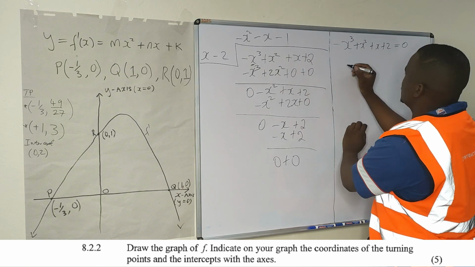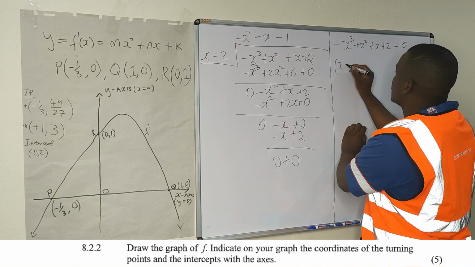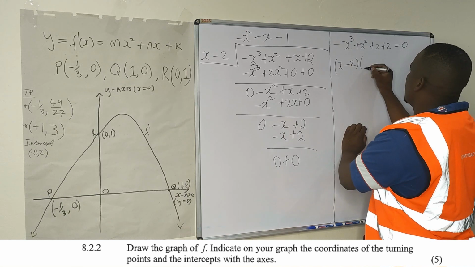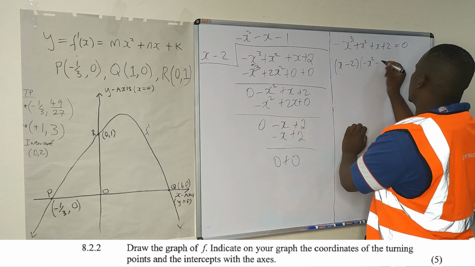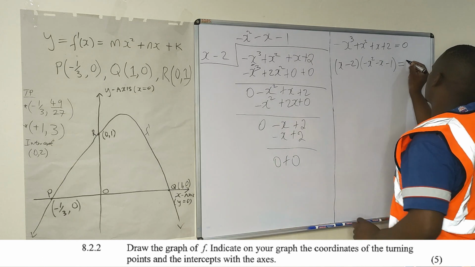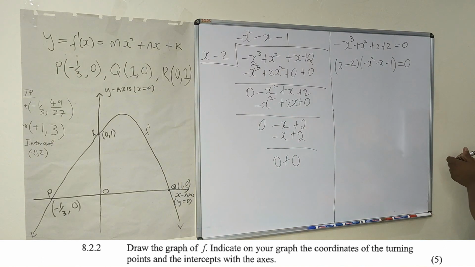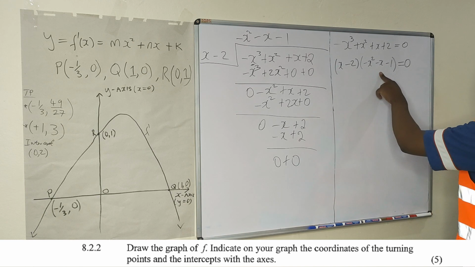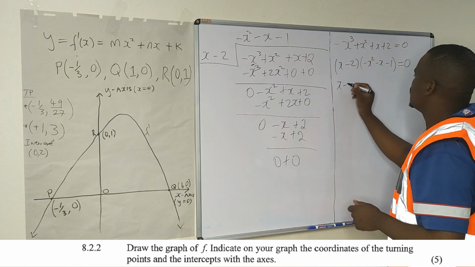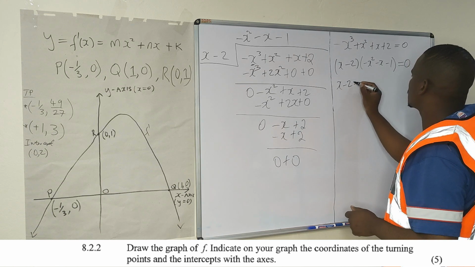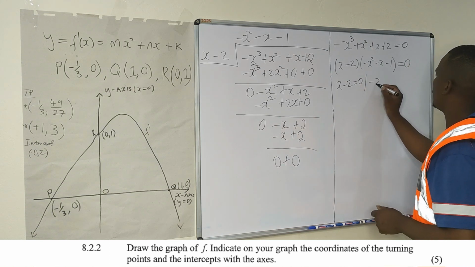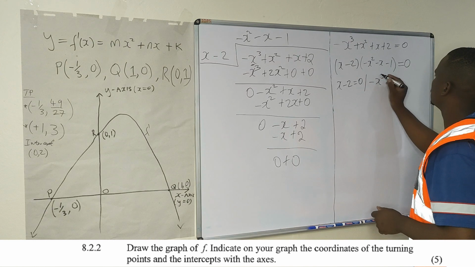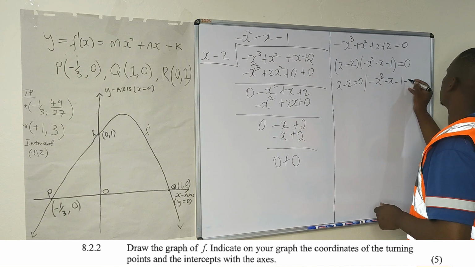So the factorized version is x minus 2 and minus x squared minus x minus 1 is equal to 0. This is the factorized version of it. So we know the solution x equal to 2. We want to find this one. So x minus 2 is equal to 0, or minus x squared minus x minus 1 is equal to 0.